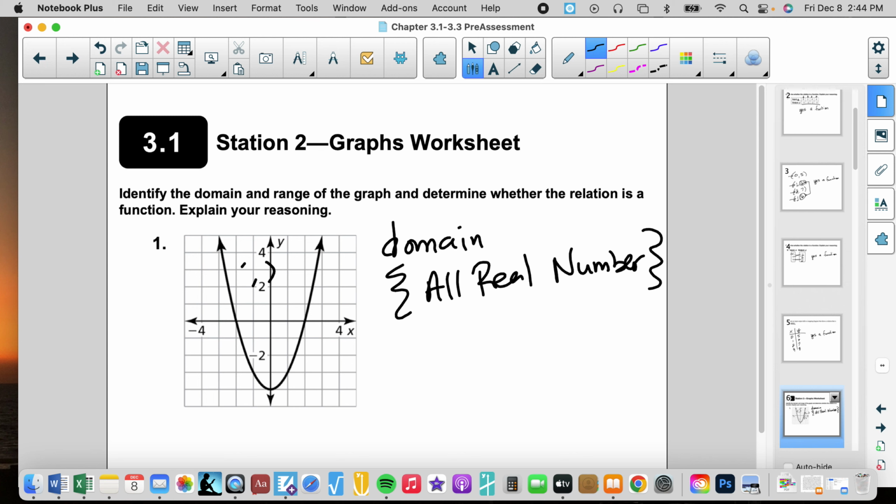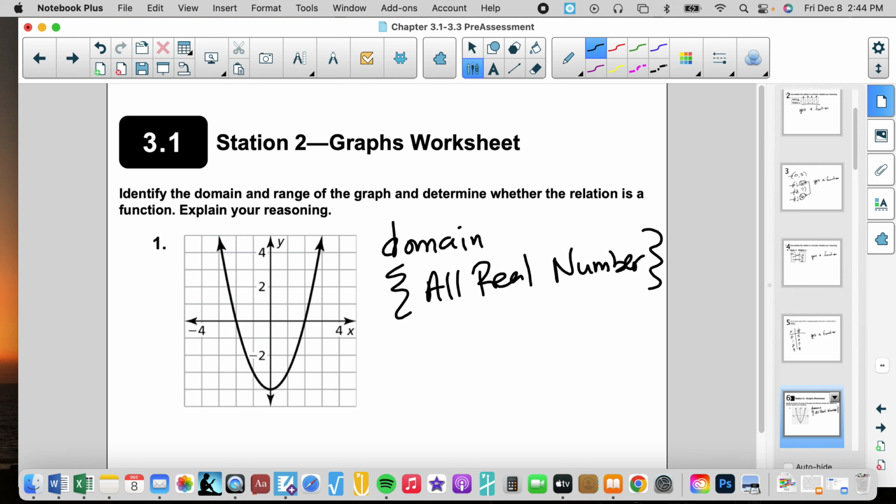Every single number in the number system that I can think of is a value that gets input into this graph to create this graph. Because this goes on forever toward negative infinity, and that goes on forever too. So my domain is all real numbers.